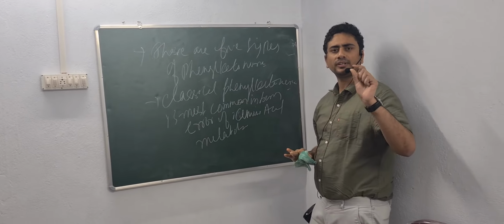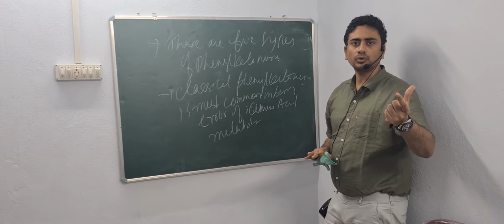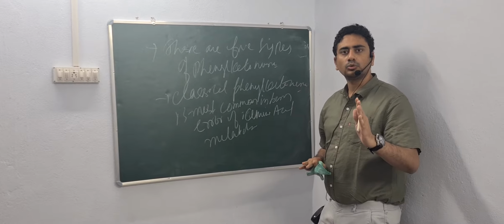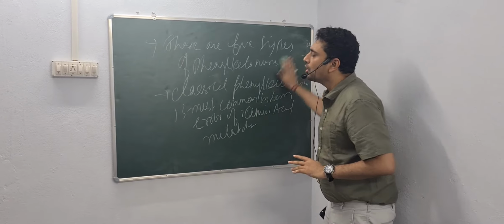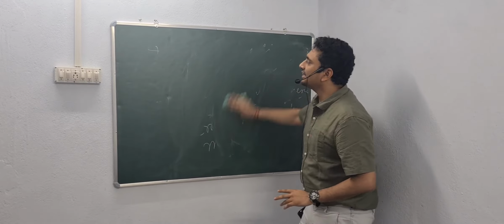So there are basically 5 types of phenylketonuria, divided into 2 groups, that is classical phenylketonuria and non-classical phenylketonuria. Under classical phenylketonuria we have type 1 phenylketonuria, that happens due to mutation in the gene coding for the enzyme called phenylalanine hydroxylase.